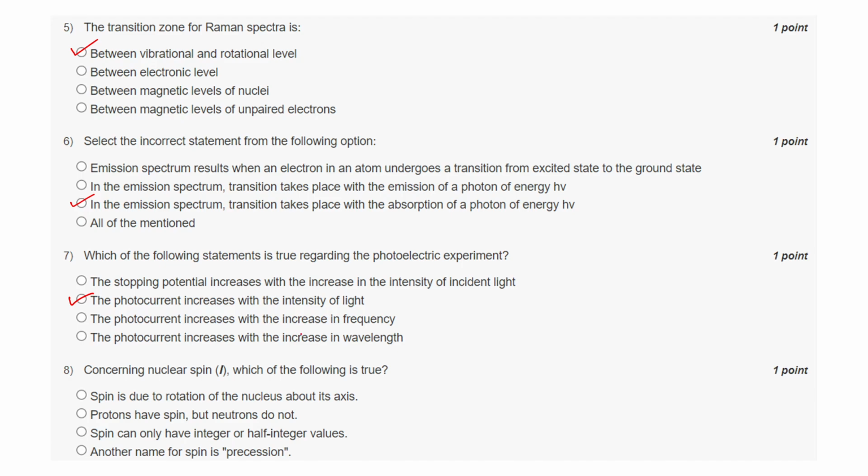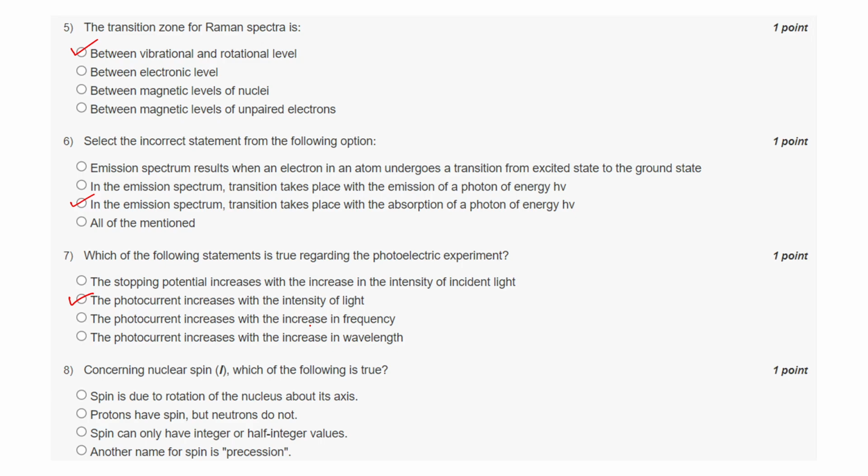But the direction of current is the opposite of the path of the electrons, right? So if you increase the number of emitting electrons, then you will increase the photocurrent. So the correct answer is the photocurrent will increase with the intensity of light.